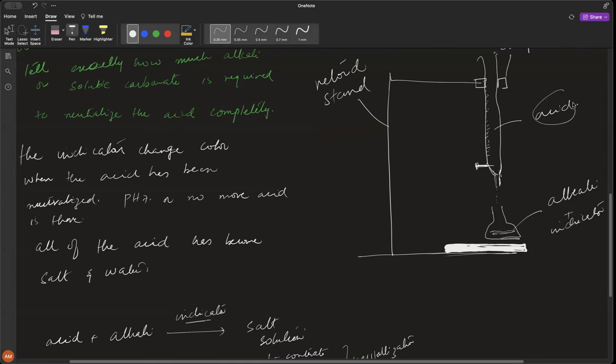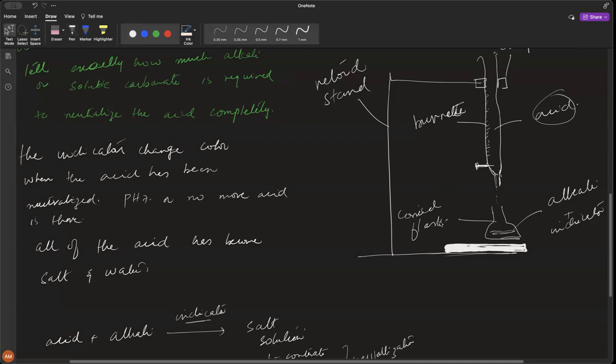You have to keep this in mind: the acid is always going to be in the burette. Most of the time, it could be done either way, no problem. It's supposed to be in the burette, and this is in the conical flask.